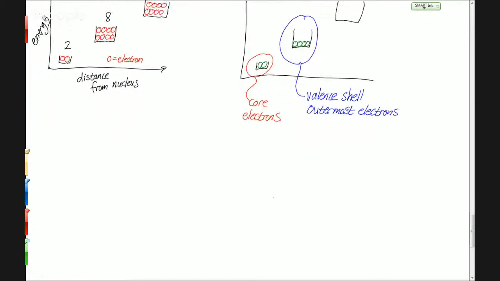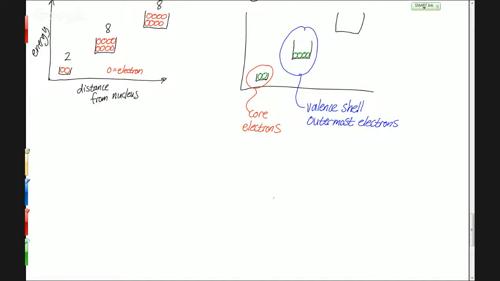All right, so now I want you to try a couple. I want you to draw a configuration for sodium and for a sodium ion, Na+.